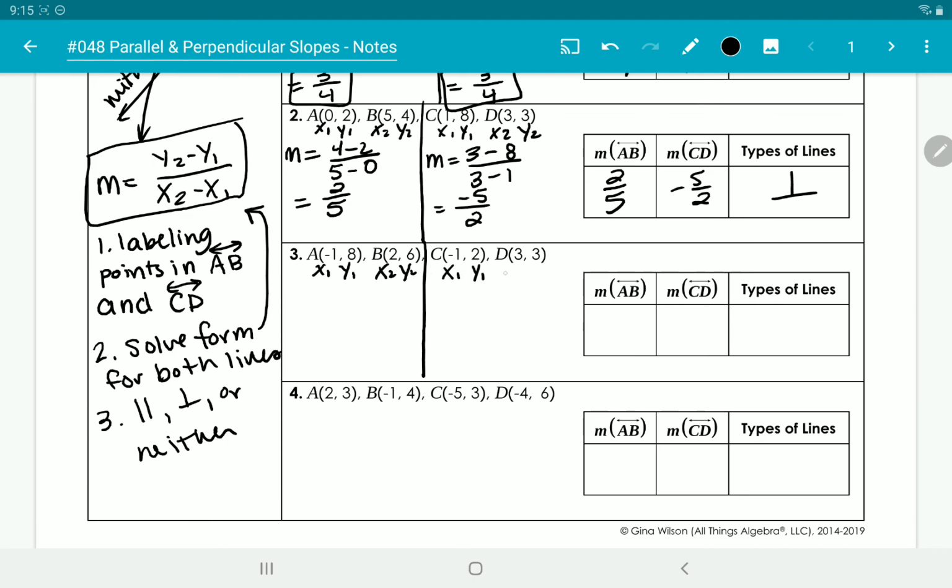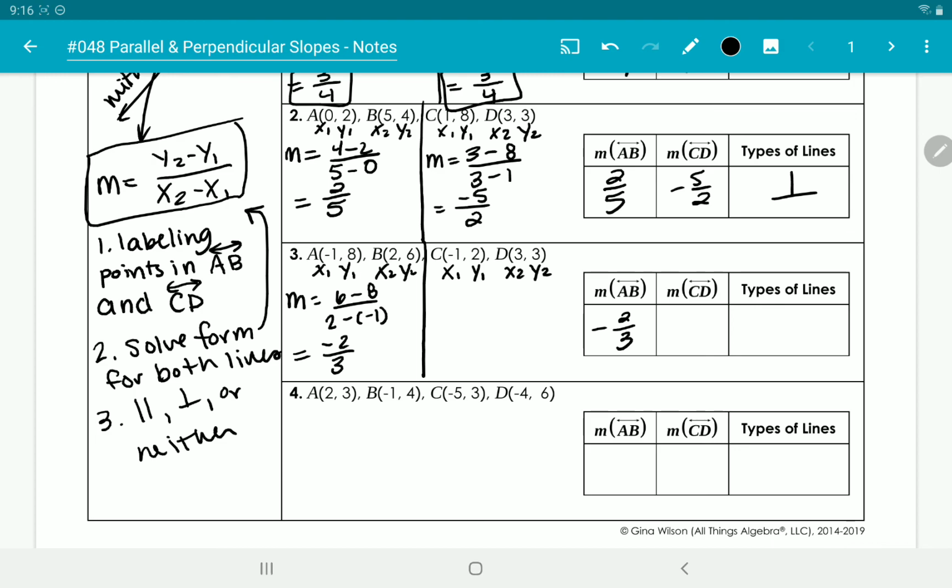So the slope is y2 minus y1, so we have y2 is 6, minus y1 is 8, divided by x2 minus x1, which is 2 minus negative 1. 6 minus 8 is going to be negative 2. 2 minus negative 1 is the same as 2 plus 1, so that's 3. So the slope for this one is negative 2 over 3.